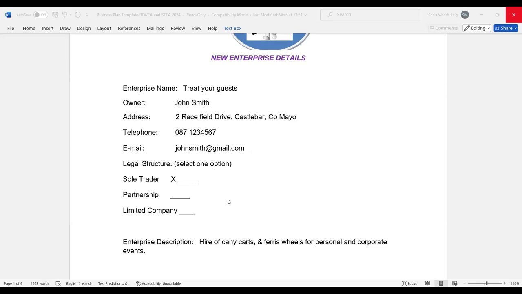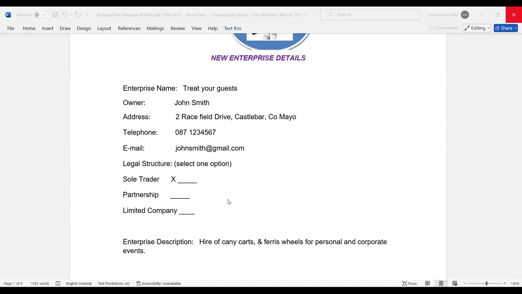For example, if the partnership made a profit of 50,000, each partner would be responsible for filing an income tax return with Revenue and declaring 25,000 of the profit and paying the relevant taxes on that share of the profit, which would be tax, PRSI, and USC.